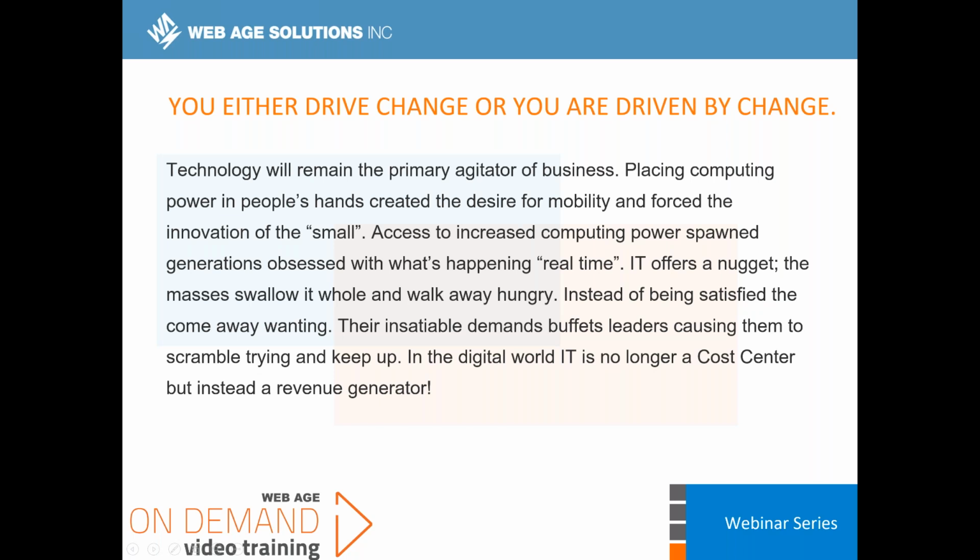IT departments continue to offer these nuggets of advancement to the masses and offer them to our customers. What they do is they take that nugget, they devour it, and then they ask for more. What happens for the leader in this environment? Now our business leaders are scrambling, trying to keep up.